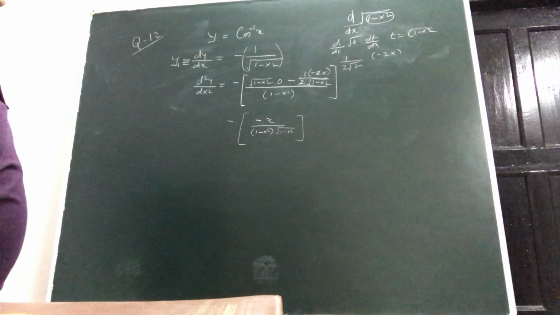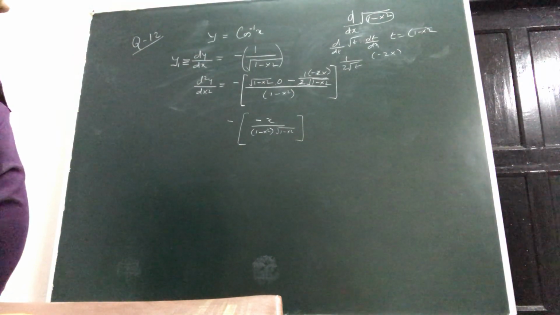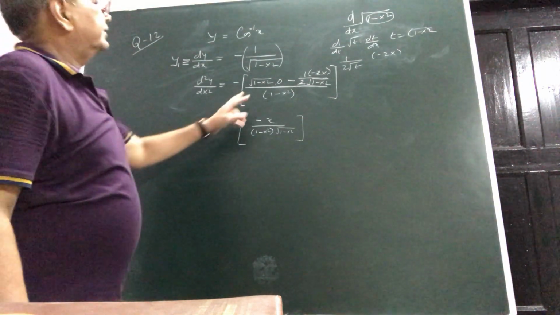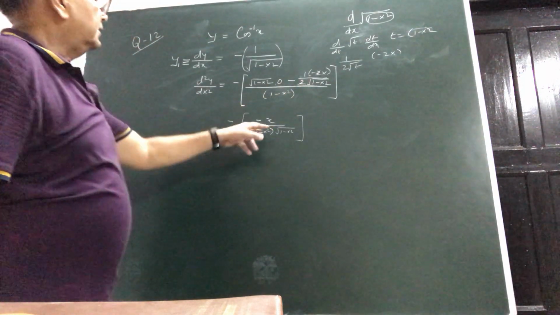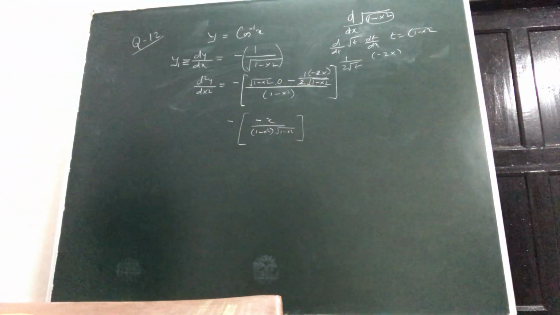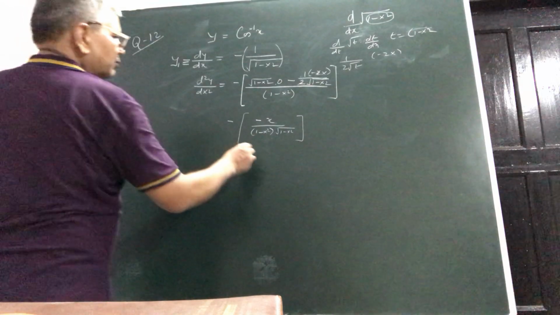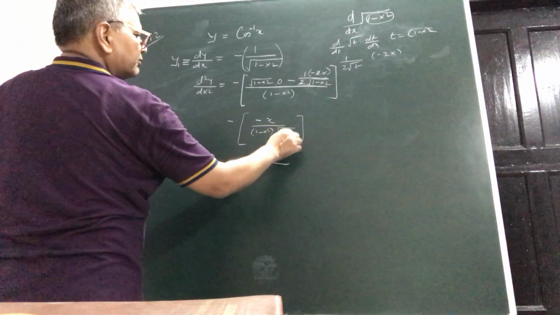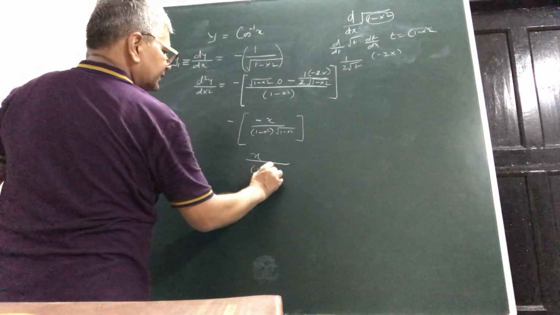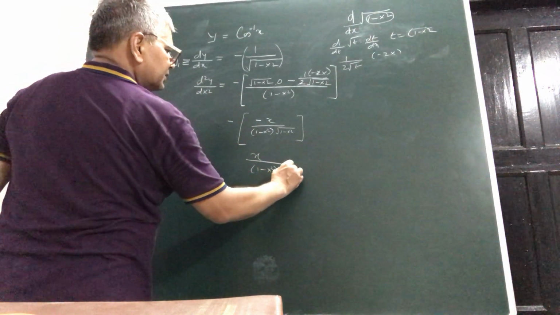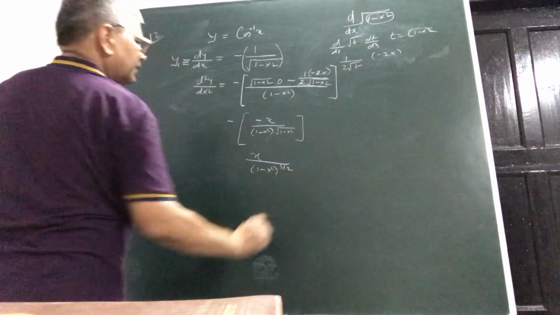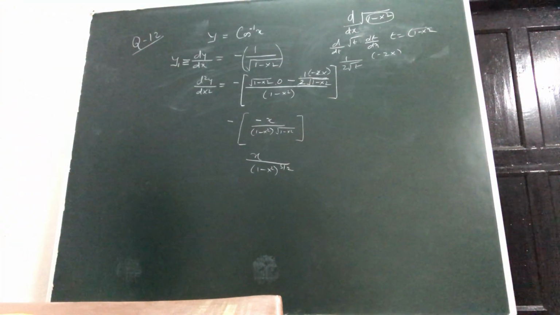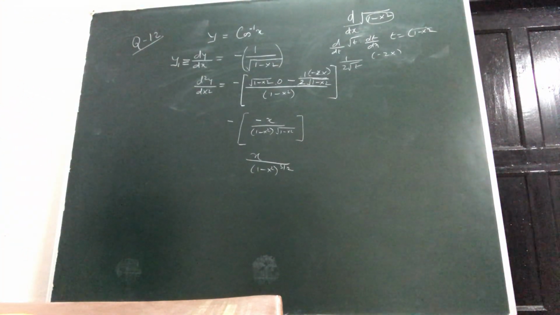Fine, it is 0 minus x upon this thing. So you keep it as such now. So this will give you x upon 1 minus x square raised to power 1 plus, so it is 1 minus x square raised to power 3 by 2. Okay. Fine. So what we can do now, please see.